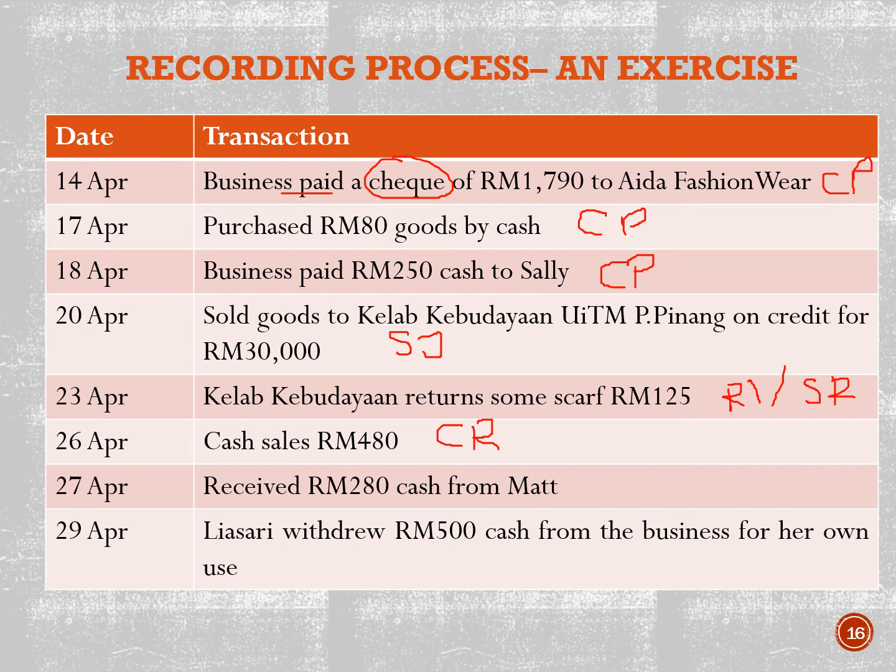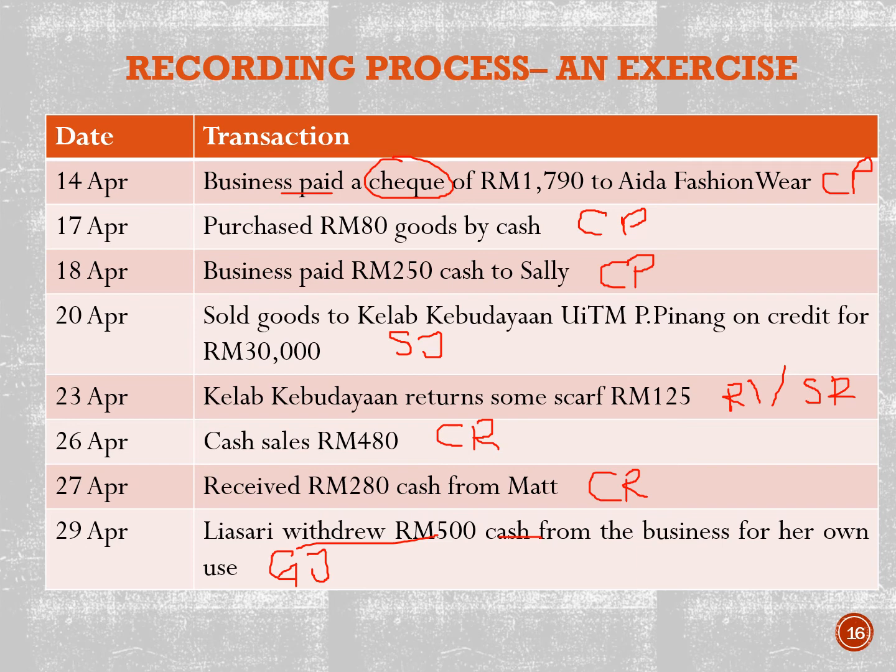Receive 280 cash from Mac. So receive cash receipt. So Lia Sari withdrew 500 cash from the business for her own use. So this one tak ada catatan, jadi general journal.